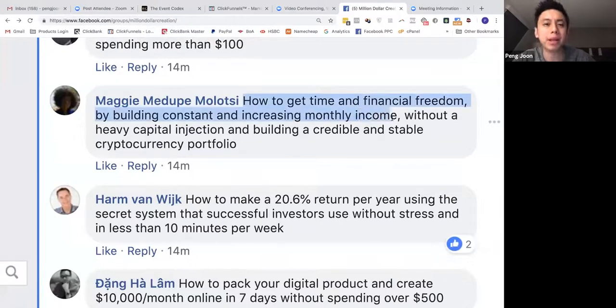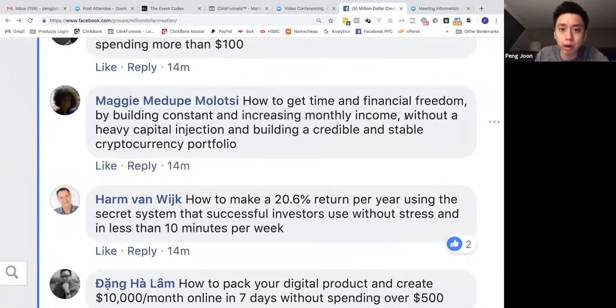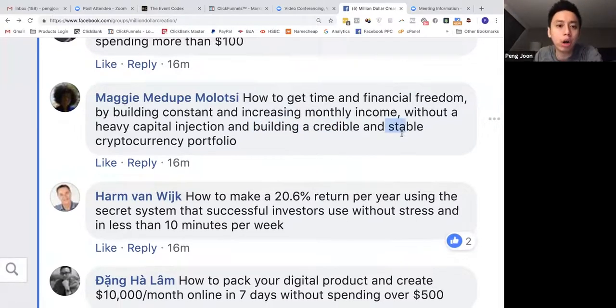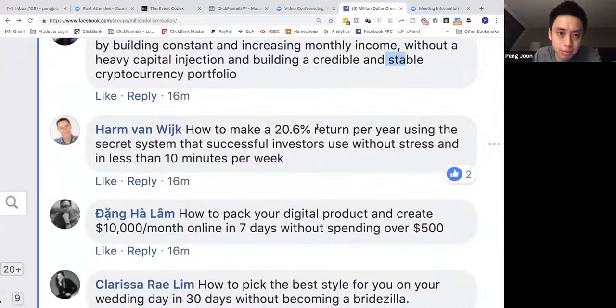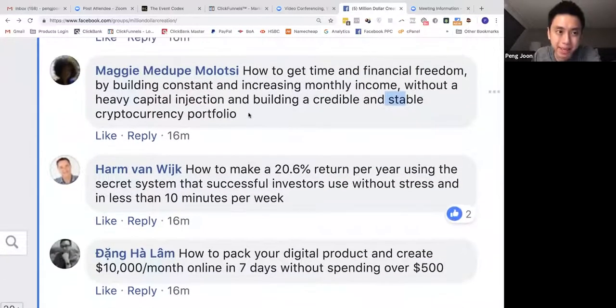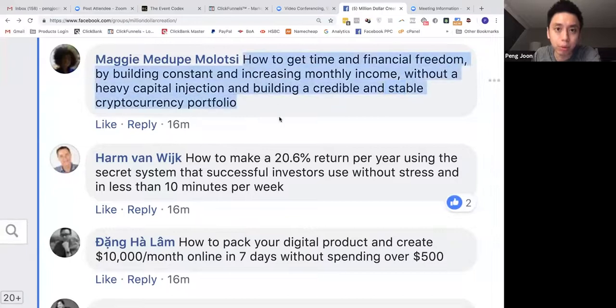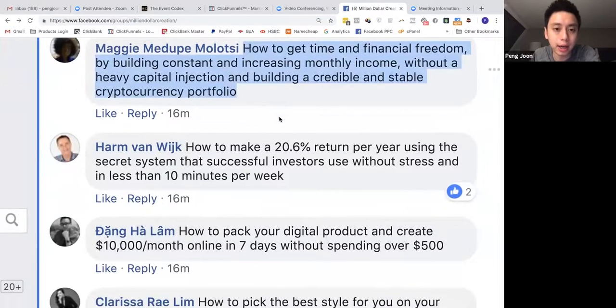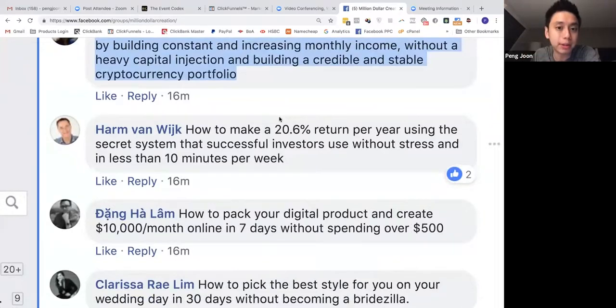How to get time and financial freedom, which is benefit 1, benefit 2, benefit 3, benefit 4. Okay, so too many things here, right? And then without things they hate doing, and then benefit 5, benefit 6. Work on the structure of the sentence and make it tighter. Okay, so you have the components in here. It's the grammar, and it needs to be tightened up.